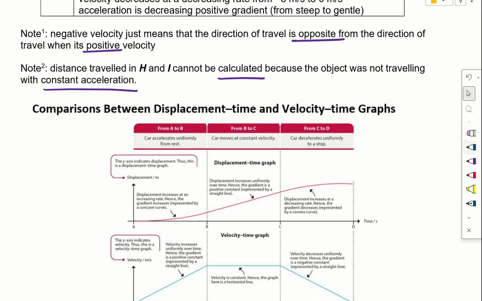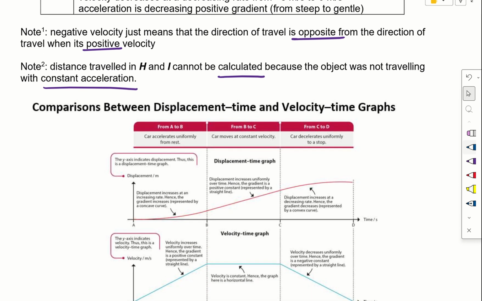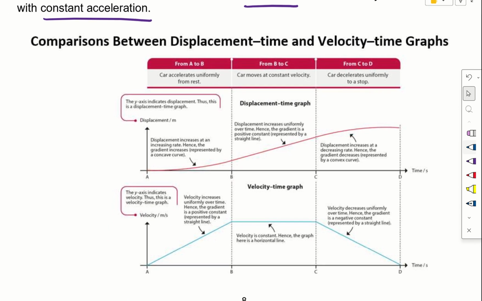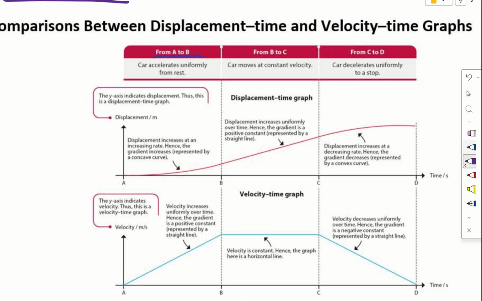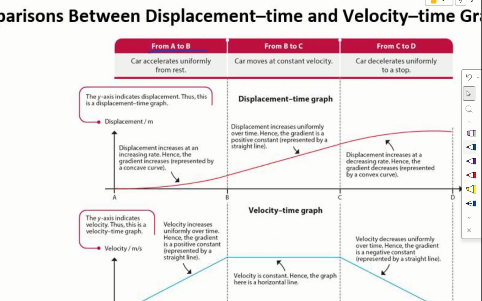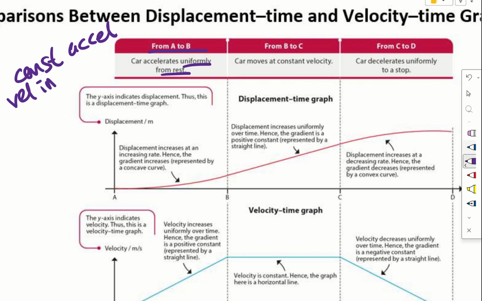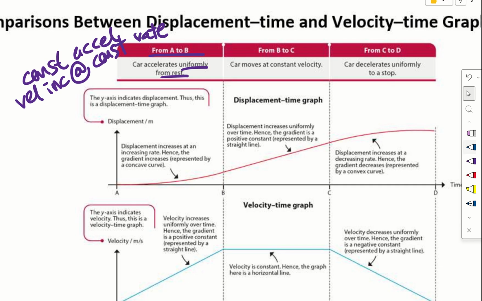Now, what's the comparison between displacement time and velocity time graph? So they give us a scenario from A to B. The car accelerates uniformly from rest. That means it's a constant acceleration, which means the velocity increases at constant rate. But they want us to compare between displacement time graph and velocity time graph.